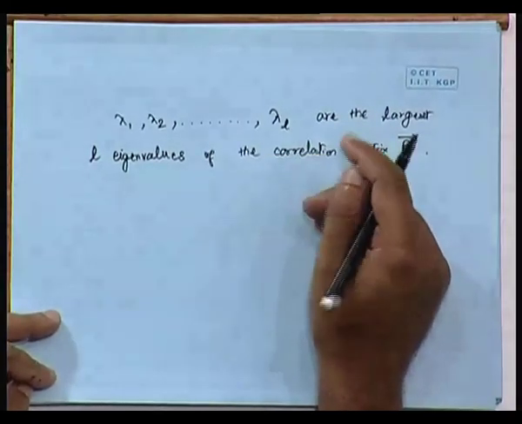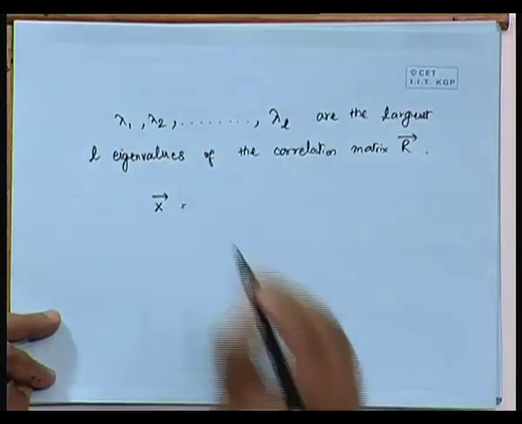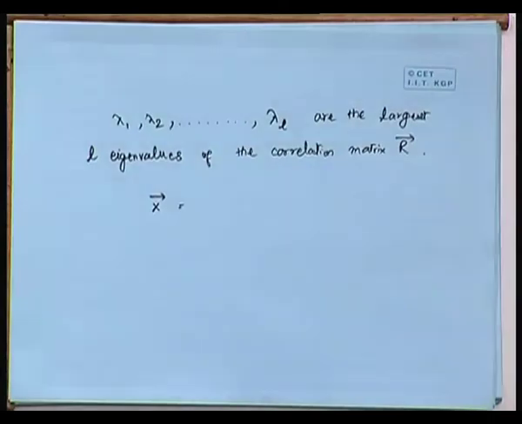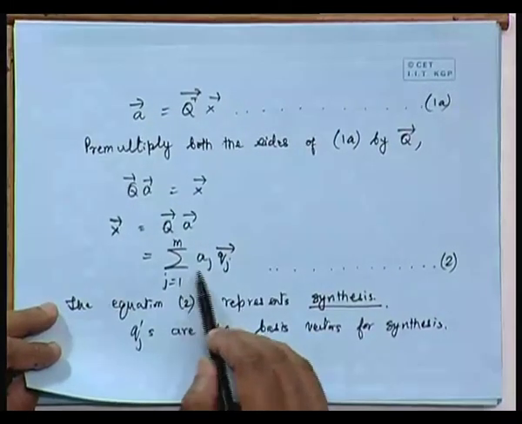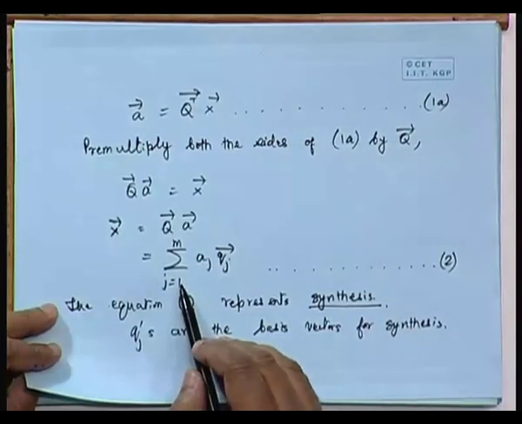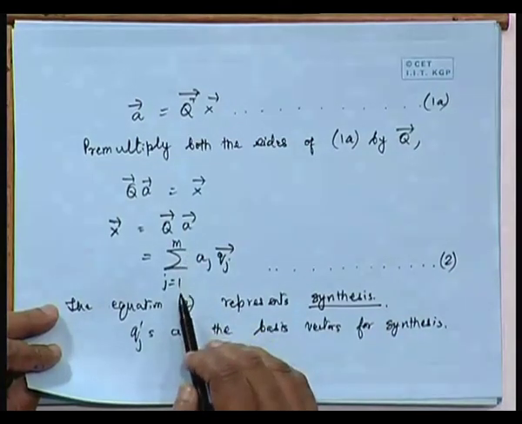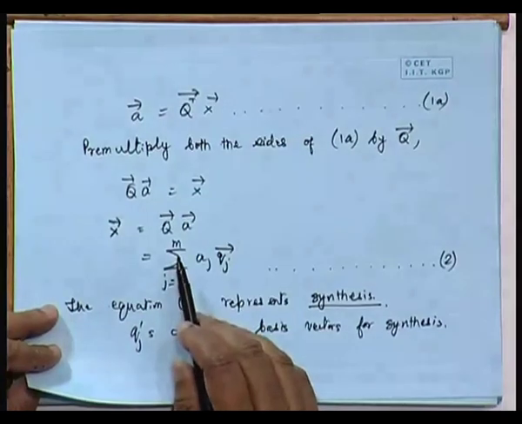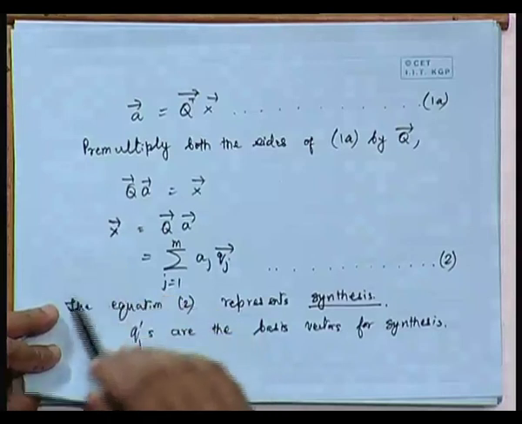We know the solution for the data vector x already: the synthesis equation says that you have the summation of aj qj, and please note that j goes from 1 to m. Only if we sum for j equal to 1 to m can we get back the exact solution of x.